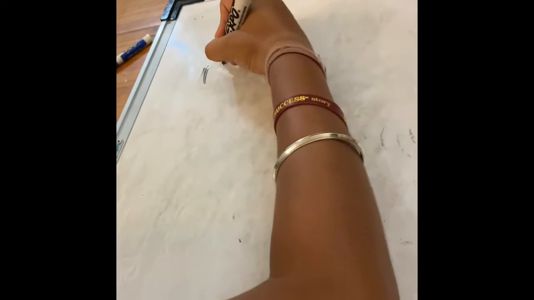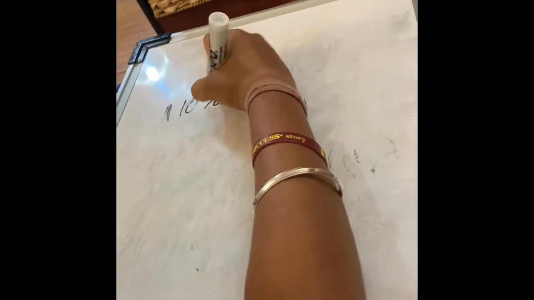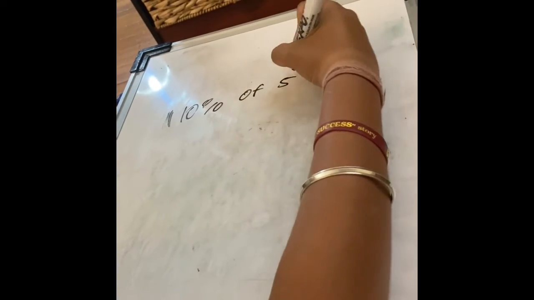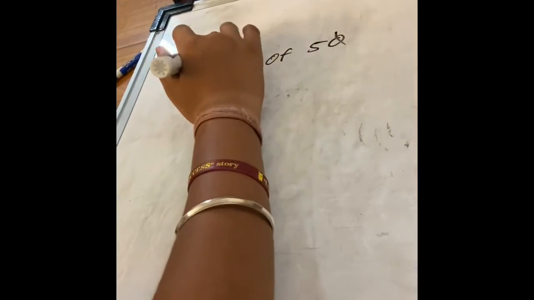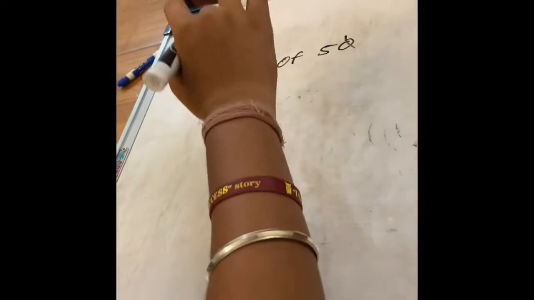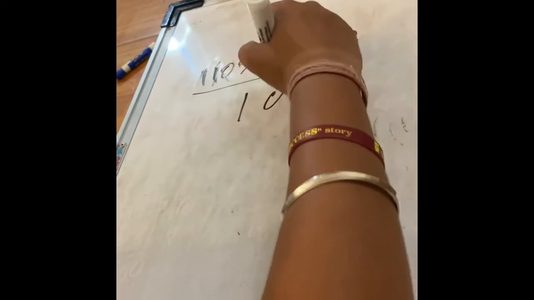So basically earlier I had shown a question like this. And maybe you guys have been wondering why I canceled out the 2 zeros and I left these ones alone. Well, that is because percentage means dividing by 100.